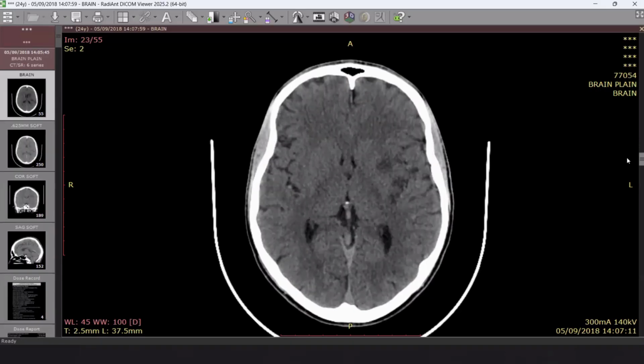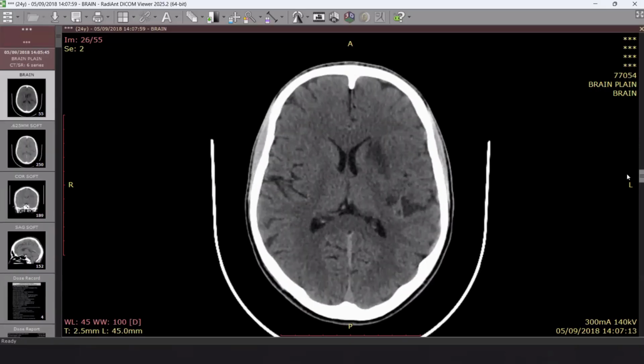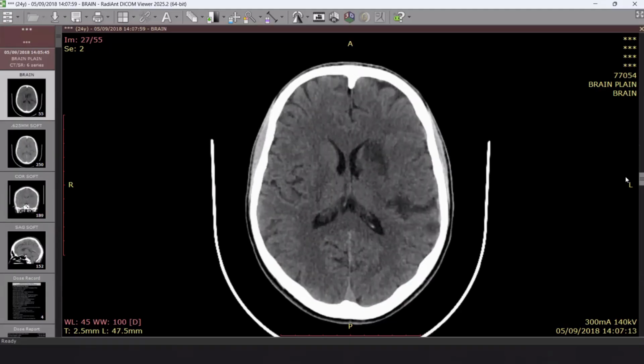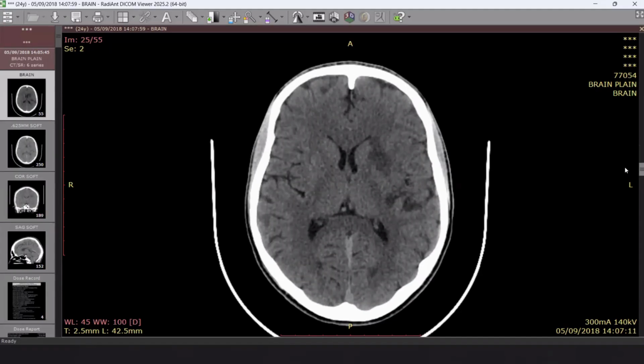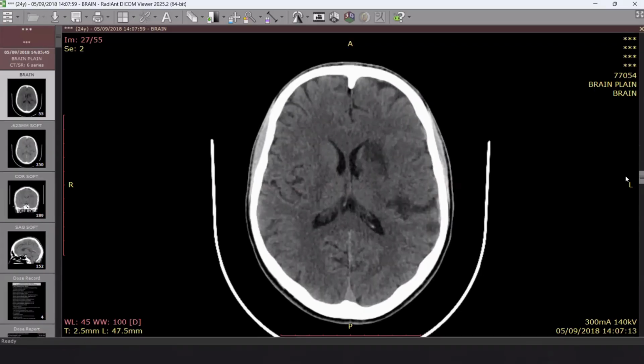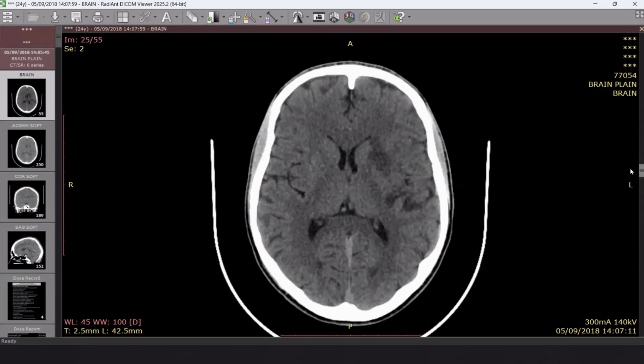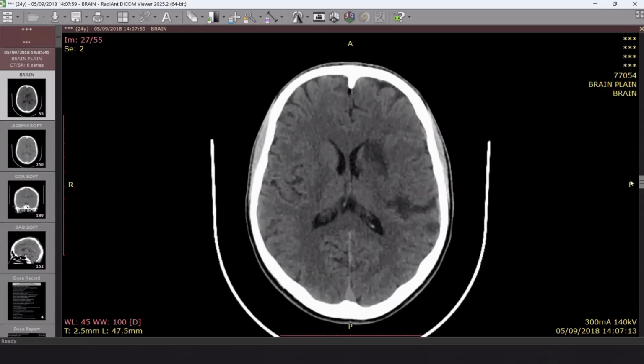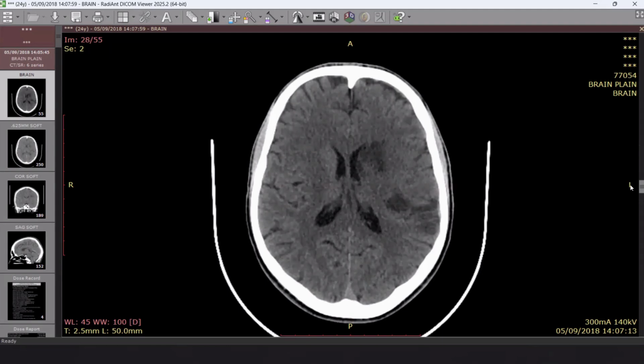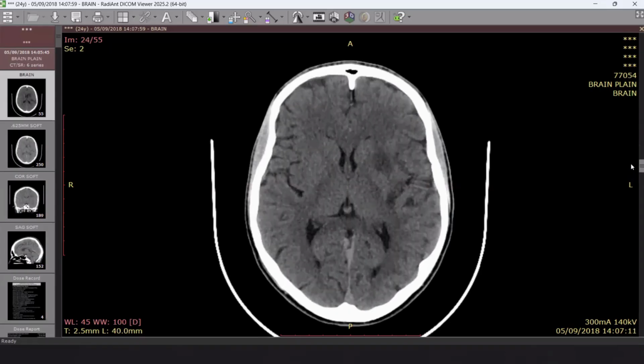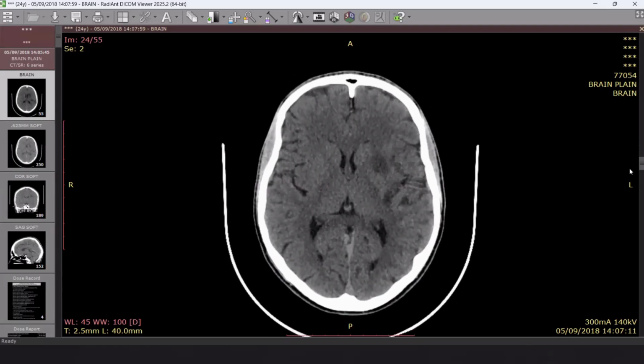So this could be acute infarction, but I should put a differential diagnosis of glioma or astrocytoma. Also, I need to check this with MRI or CT with contrast. How can we confirm whether this is an ischemic insult or neoplastic? The ischemic insult mostly will be in a vascular territory.